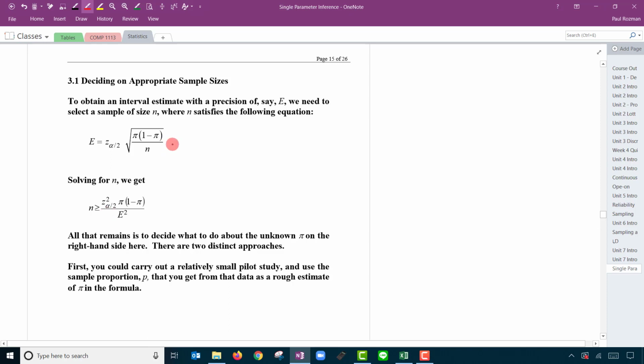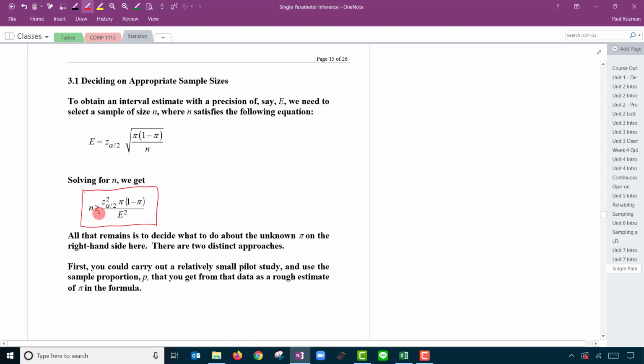And we do it the exact same way we did when we were studying the mean. Basically, we take our error formula and just rearrange it. Solve the error formula for n. A little bit of algebra, square both sides, etc., etc. You end up with this formula here.